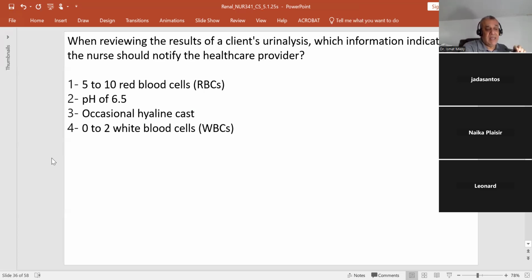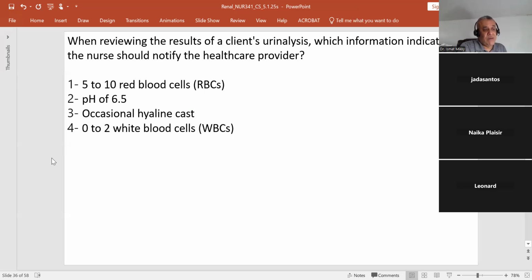The normal white blood cells in urine is between 0 up to 5. That's normal. So the only one out of range is going to be the red blood cells. Red blood cells in urine should not exceed 4, white blood cells not to exceed 5. So 5 to 10 is high.